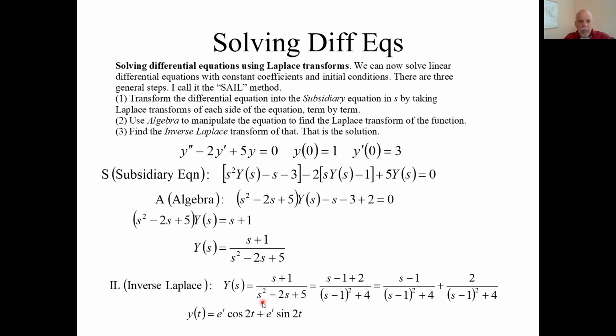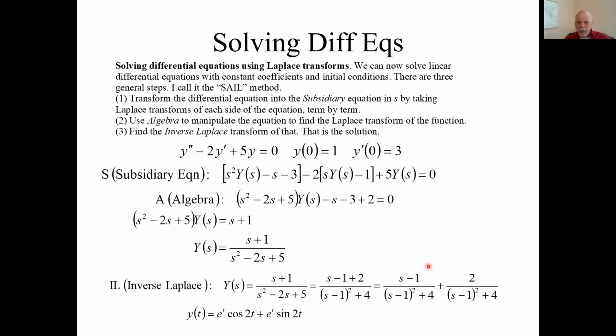I'm going to need an s minus 1 squared. That will give me s squared minus 2s plus 1. I need to add another 4 to get to 5. And I want the s term that matches this s minus 1, then I have to add 2 to make this come out right.